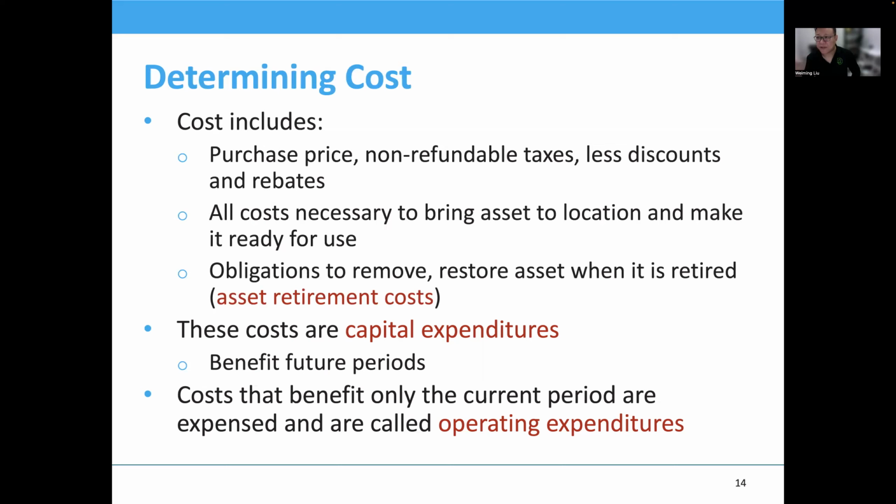So that's the difference. One example would be if I replace the roof. I spend $100,000 to replace the roof of a building. This expenditure will have benefit for many years, because I don't replace the roof every year. I replace it every 5-10 years. So that roof will be a capital expenditure.